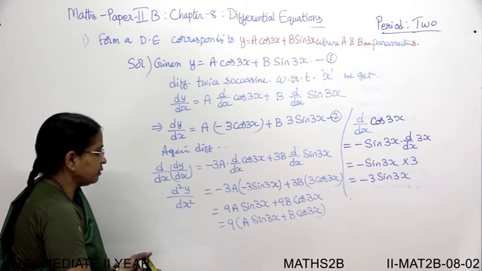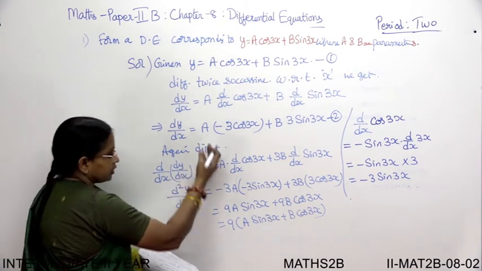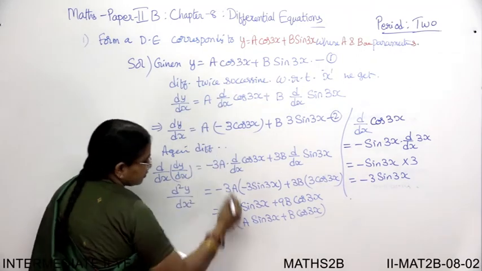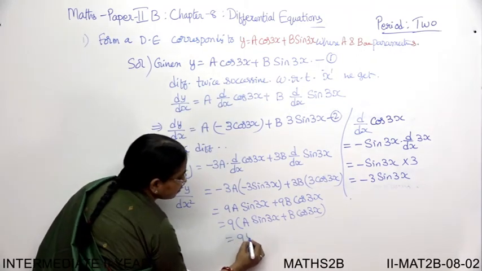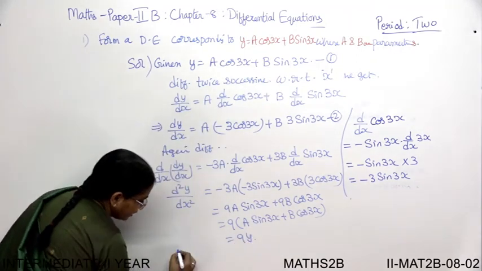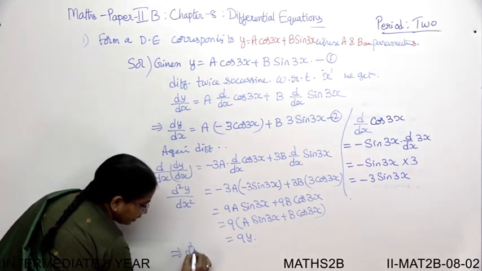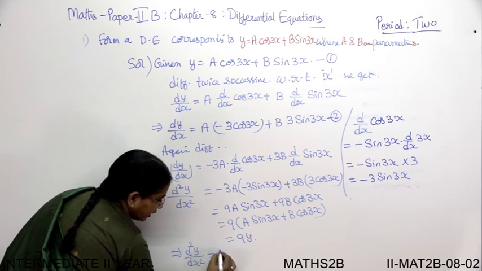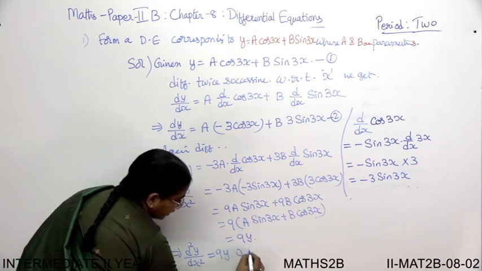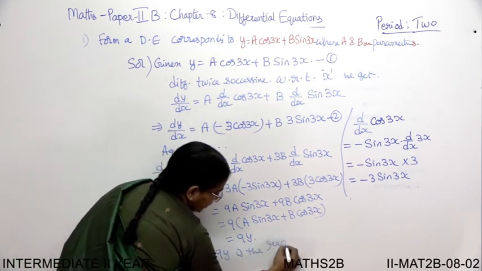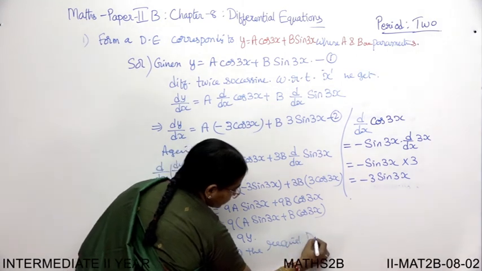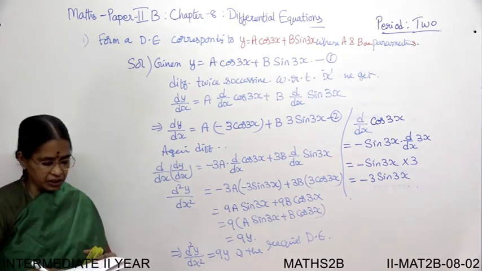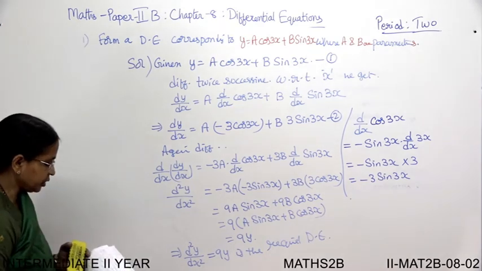But we can observe that without using the second equation itself, here we got a cos 3x plus b sin 3x as y. So I can just write it is equal to minus 9y. So this implies d square y by dx square plus 9y is equal to 0, the required differential equation. So like this we found the differential equation when the solution is given.